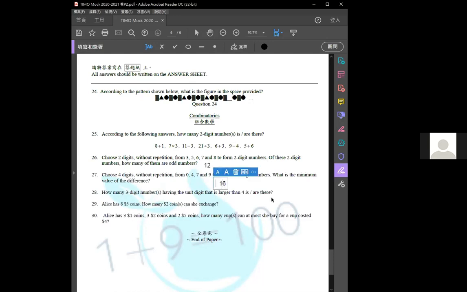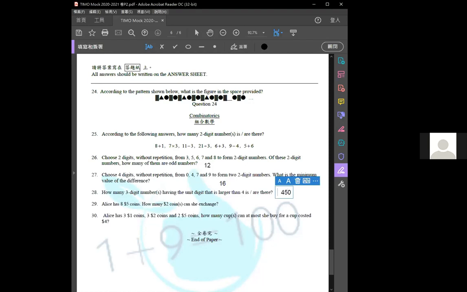For 28, I will just give you the answer first, 150. How many 3-digit numbers have a unit digit that is larger than 4? When the unit digit is larger than 4, that means we need to eliminate all numbers that have a unit digit of 4 or smaller.